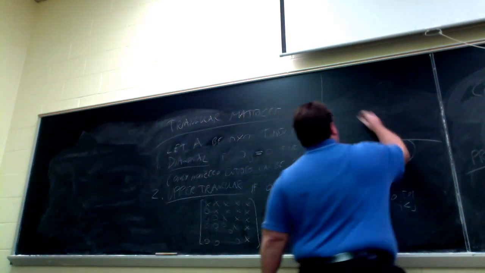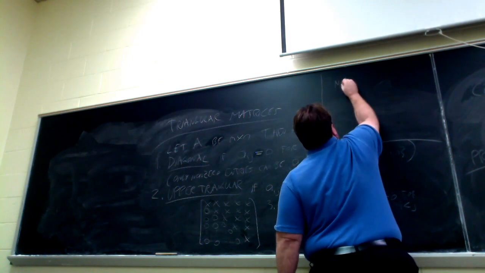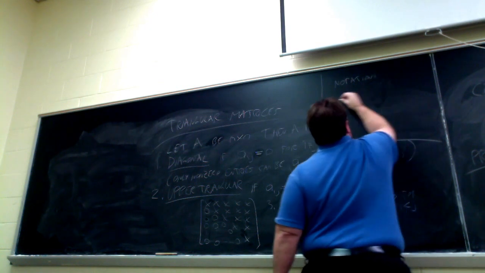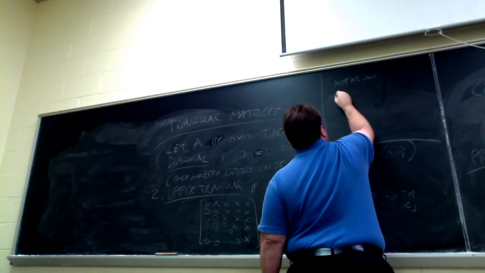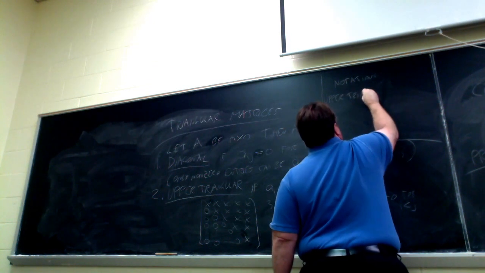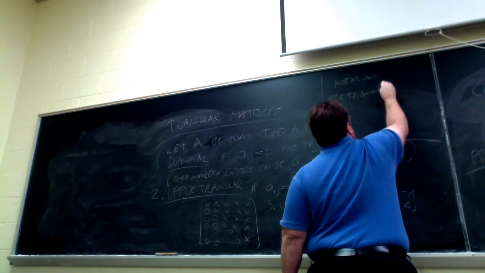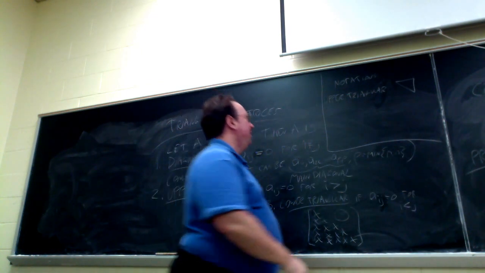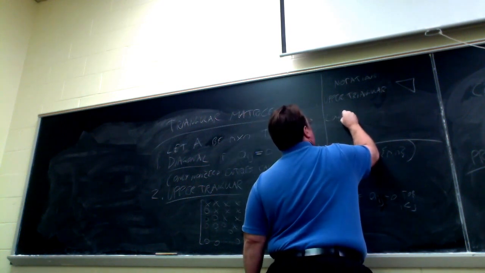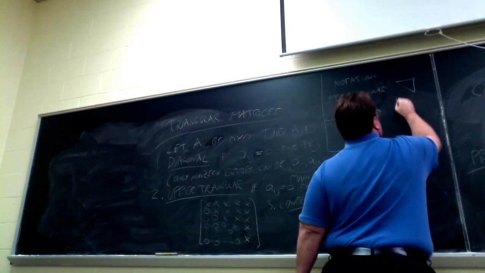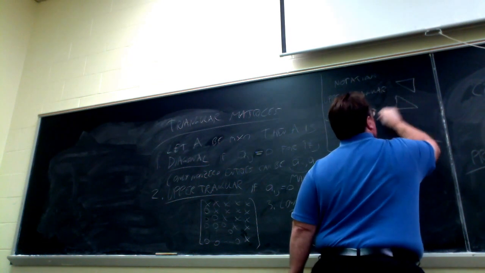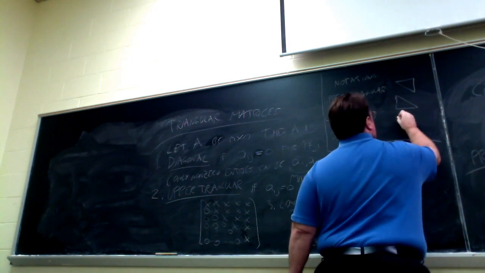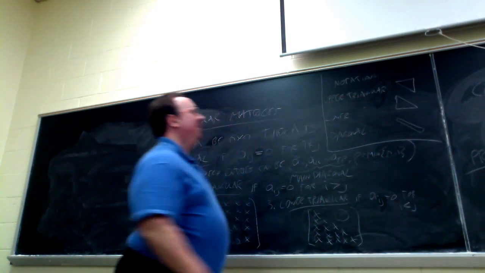So, the notation that we use on the board: the matrix is upper triangular, I'll just write that, you get the idea. And then lower triangular. And finally for diagonal, and sometimes I use something like that.